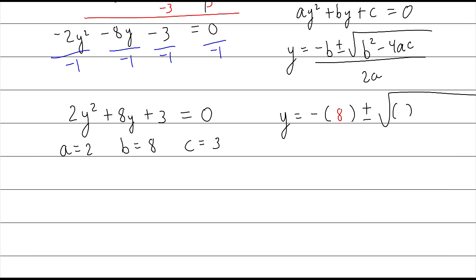B squared minus 4 times a times c, over 2 times a. And let me actually color code it a little bit better. B will be red. Let's say a is blue. A is 2. It goes there and there. And we'll say that c is pink. So c is 3. Put that there. All right, cool.